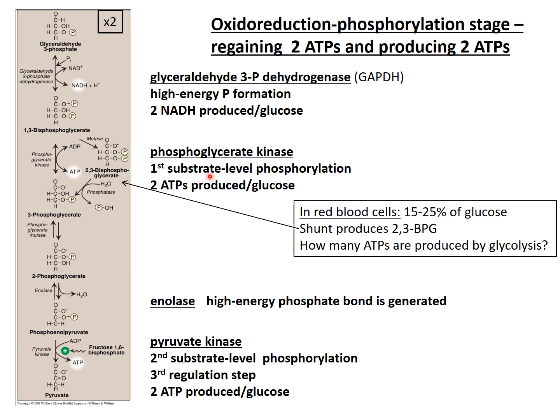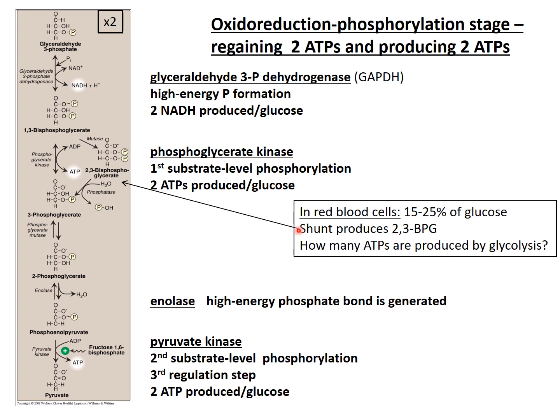So this we call substrate level phosphorylation. Why did I put it here? Because you already learned how to produce ATP in the terminal oxidation. This has nothing to do with mitochondria and terminal oxidation. The ATP production is done within the pathway, which we call substrate level phosphorylation.